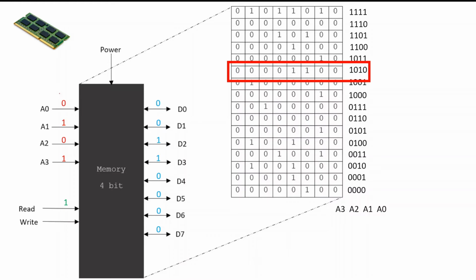Send the address of the location in the address bus, data in the data bus, and then send the signal in the write line. The memory will store the byte of data in that memory location. In this way, we can store or retrieve data in or out of memory.